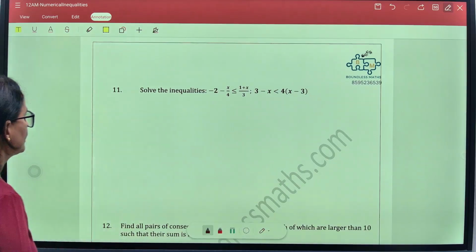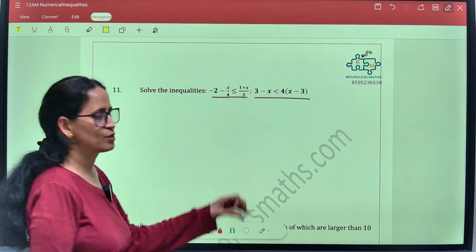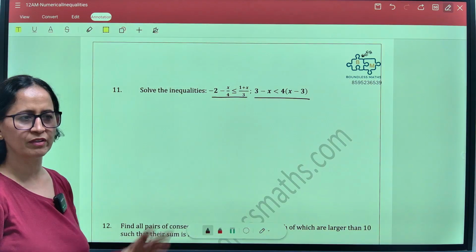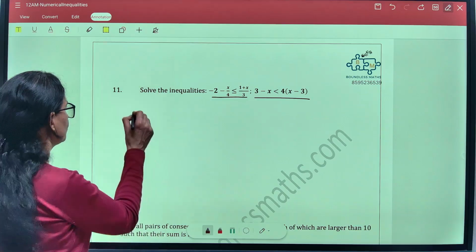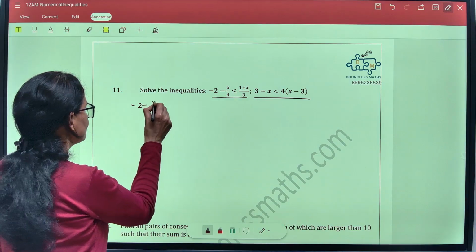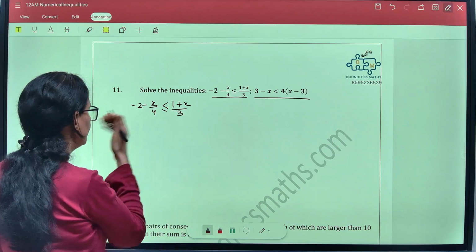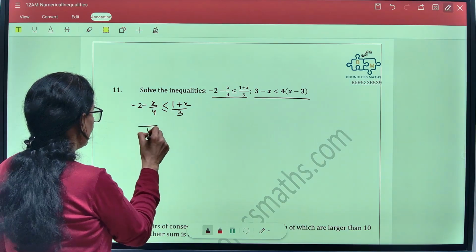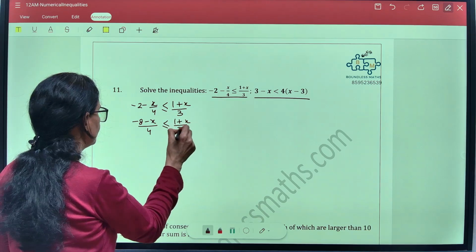Solve the inequalities. Now here you are given two different inequalities. It is as good as the way we have done the last two questions where we separated and created two inequalities. Here we are already given two different inequalities. So let's solve them separately. This is the first one. Take the LCM of the first side. Minus 8 minus x less than or equal to 1 plus x upon 3.